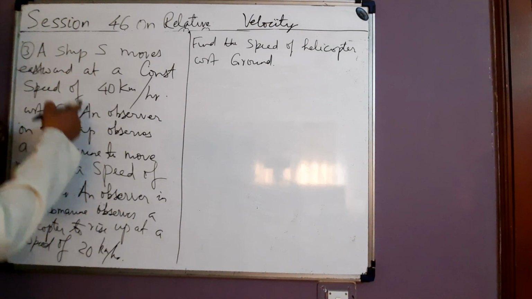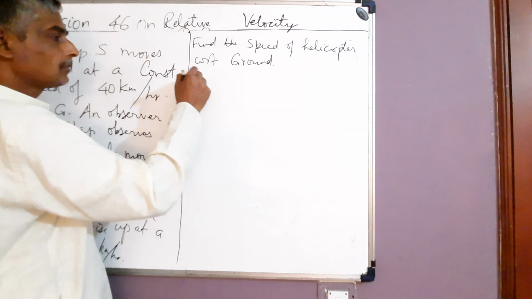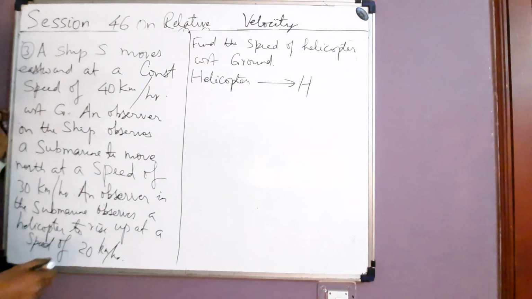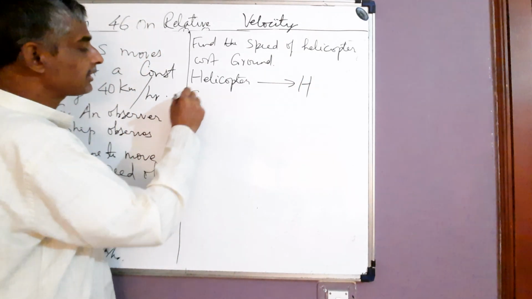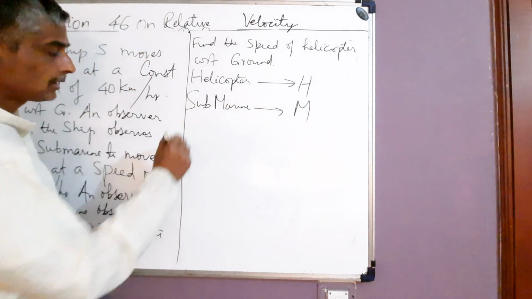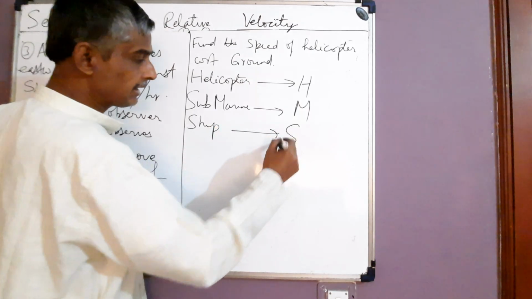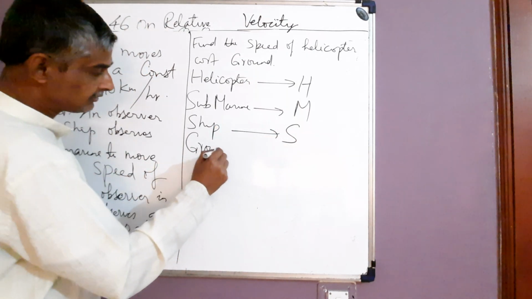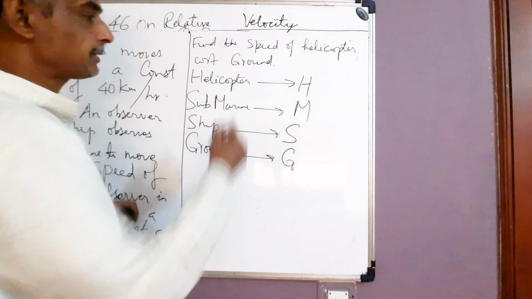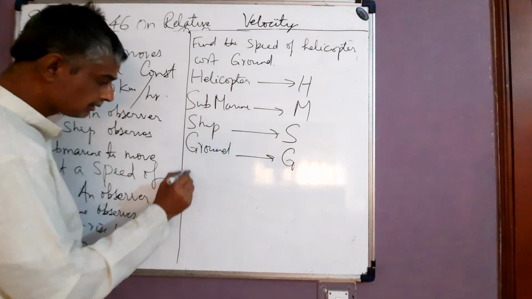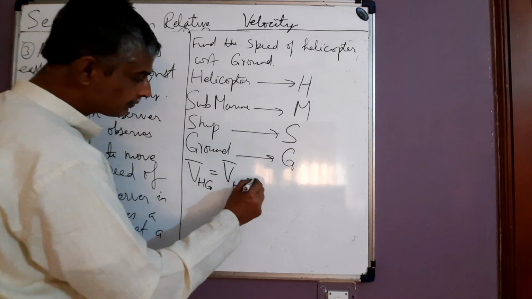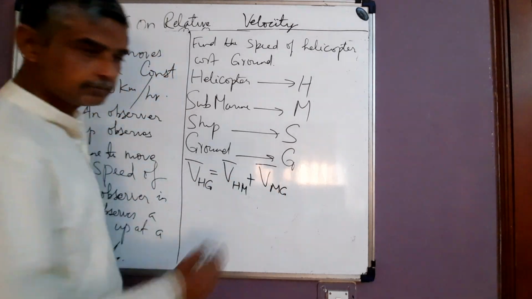First we identify the object under consideration. The object under consideration is the helicopter, denoted by H. For the frames, we have the submarine frame denoted by M, the ship frame denoted by S, and the ground frame denoted by G. Now I have to find the speed of the helicopter with respect to ground.